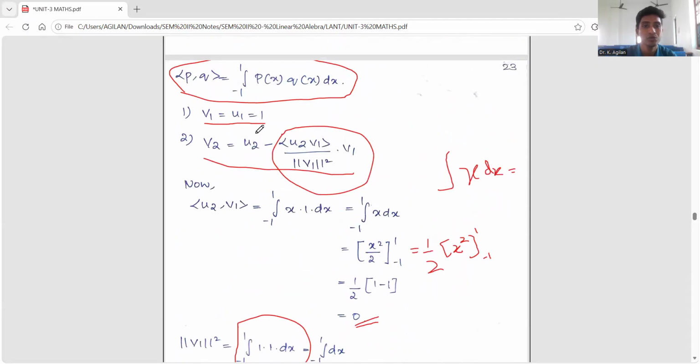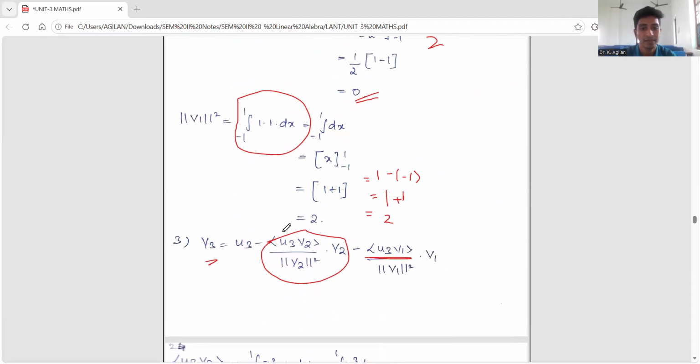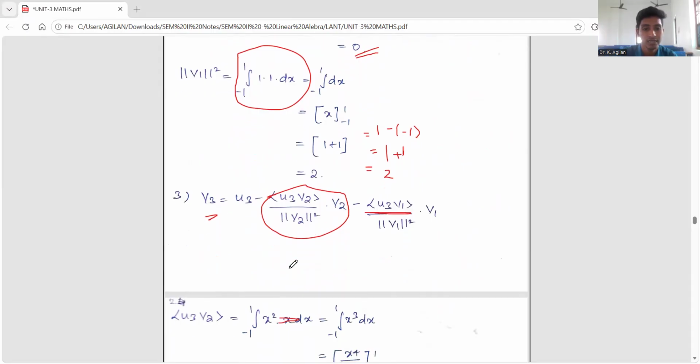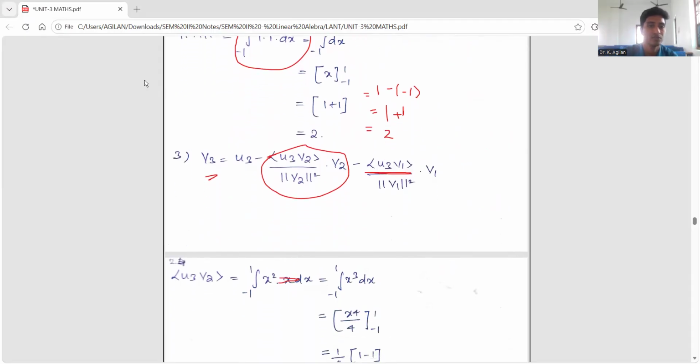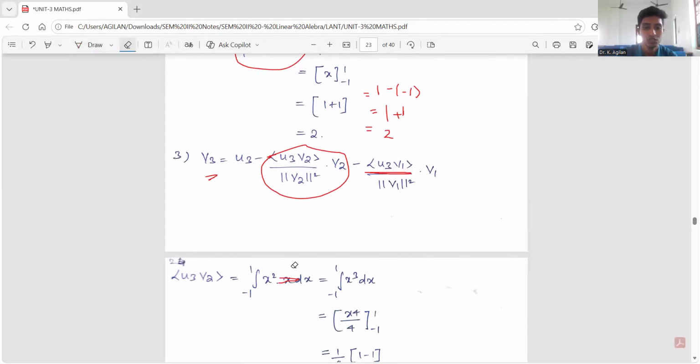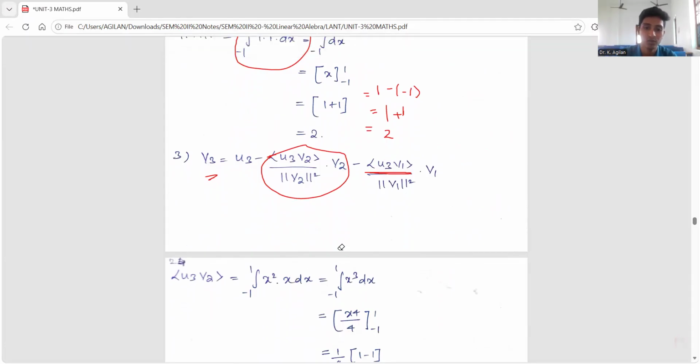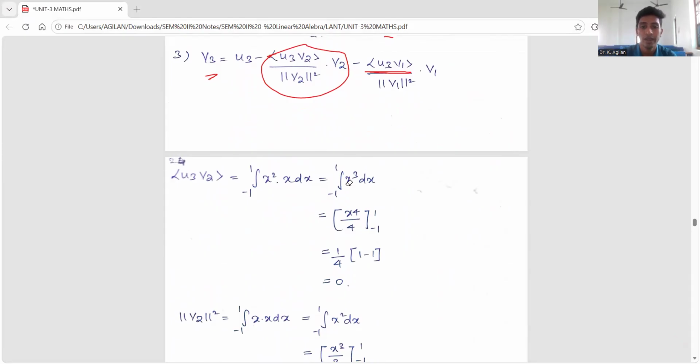What is U2? U2 is x, right? So we need to find this term: the integral from -1 to 1 of x cube dx. The integration of x cube is x power 4 by 4.